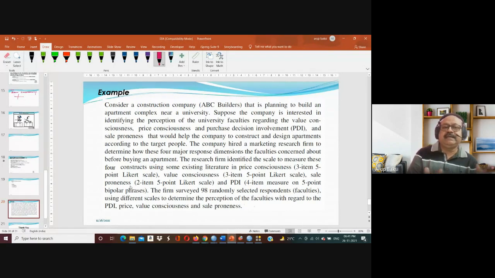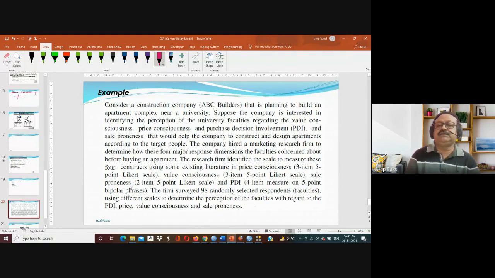Why are they doing this, or why have they considered these 4 factors? That would help the company to construct and design apartments according to their target people. Here, the target people are the teachers of the university. So the company hired a marketing research firm to determine how these 4 major response dimensions the faculty is concerned about before buying an apartment.